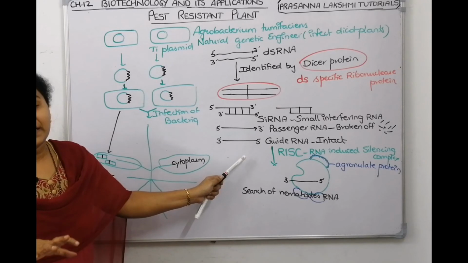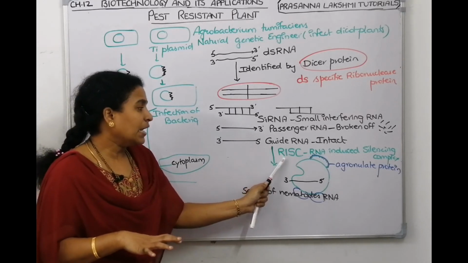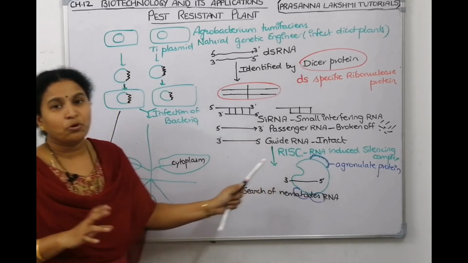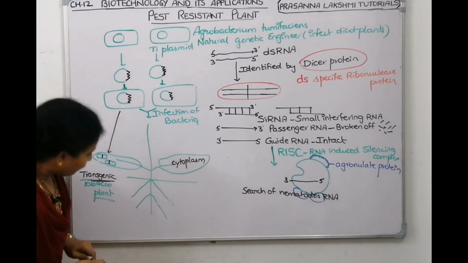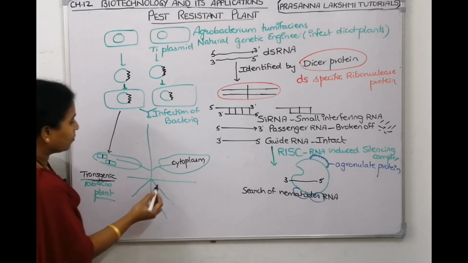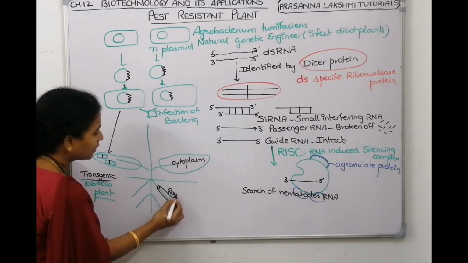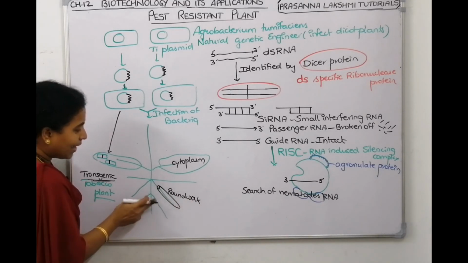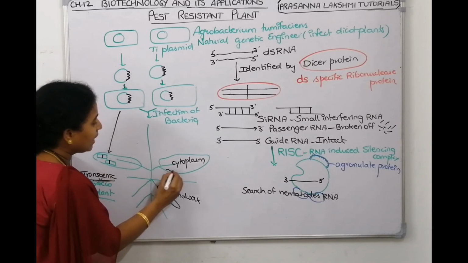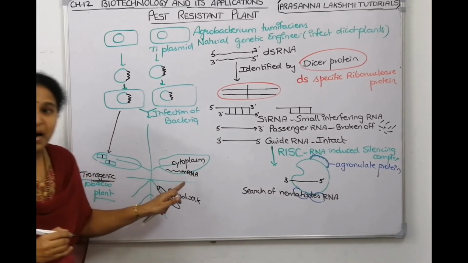Guide RNA will take the help of RISC, RNA Induced Silencing Complex. Both together are going in search of nematode RNA. If such transgenic tobacco is infected by a roundworm, the roundworm, after infecting the plant, will make an mRNA.